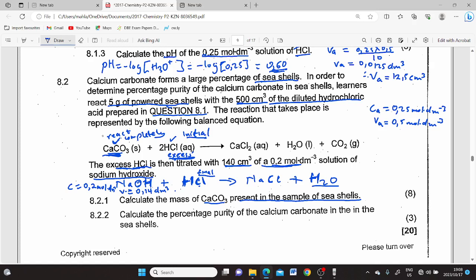Now we get this one and NaOH, which is titrated.